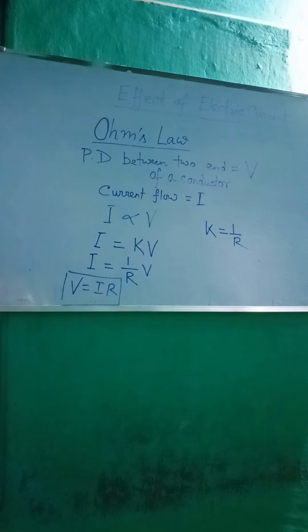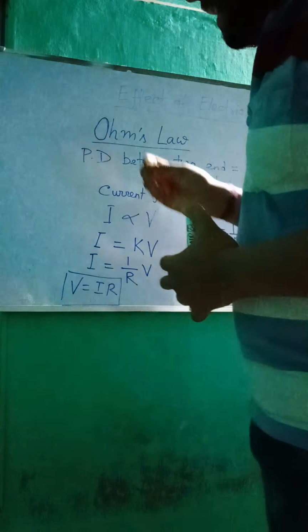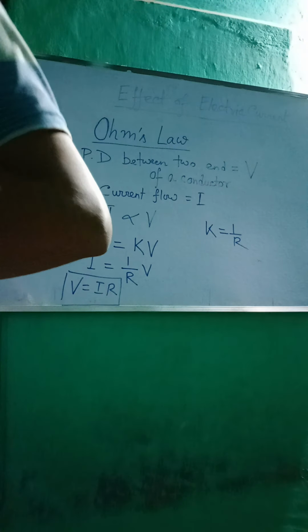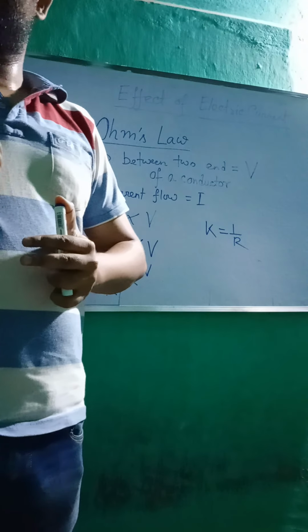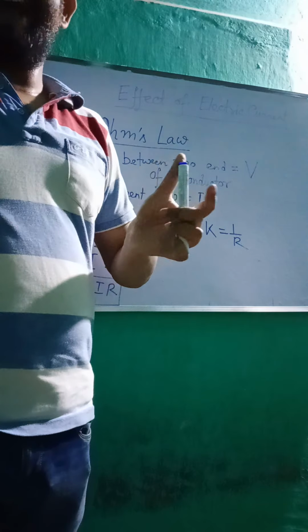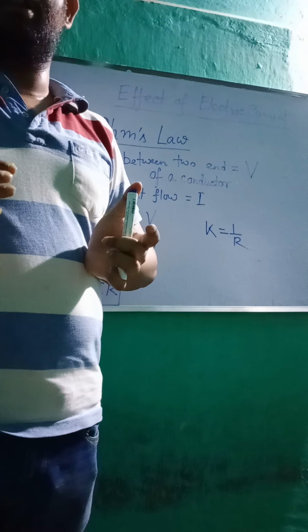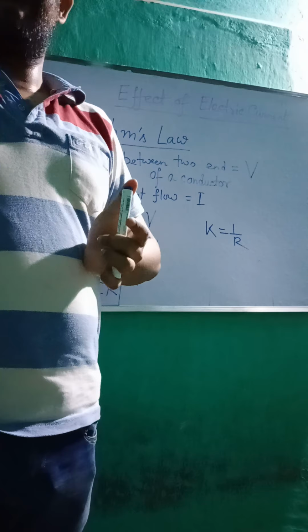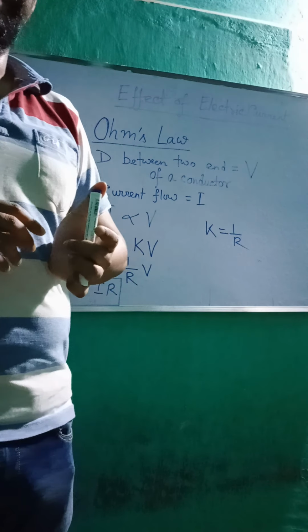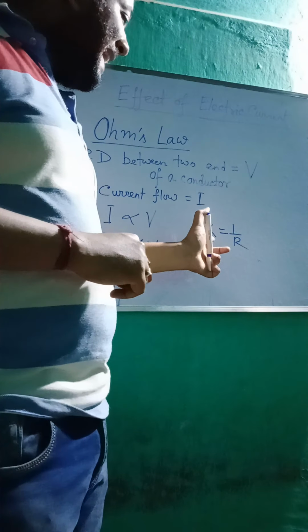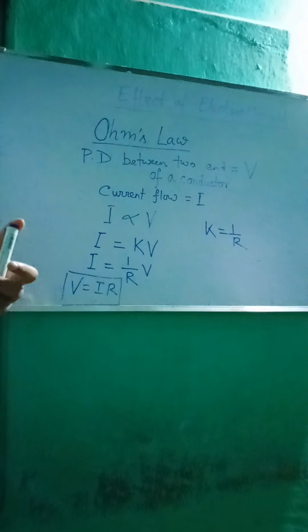V is equal to I R. So from the beginning, Ohm's law states that current flow through any conductor is directly proportional to the potential difference across the two ends of the conductor when the temperature and other physical quantities remain constant.